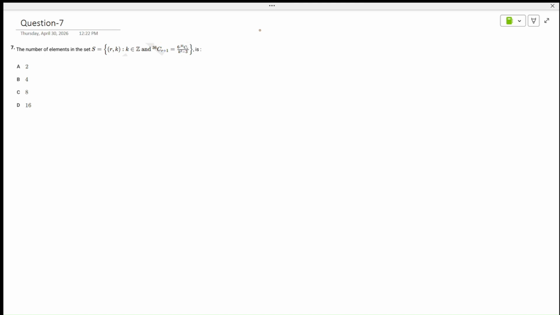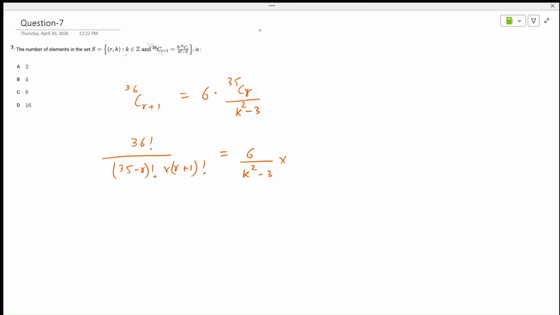So let us solve the equation. 36C(r+1) is nothing but 36 factorial by (36 minus r minus 1) factorial, so (35 minus r) factorial into (r plus 1) factorial is equal to 6 into 35Cr by (k square minus 3). So 6 by (k square minus 3) into 35 factorial by (35 minus r) factorial into r factorial.